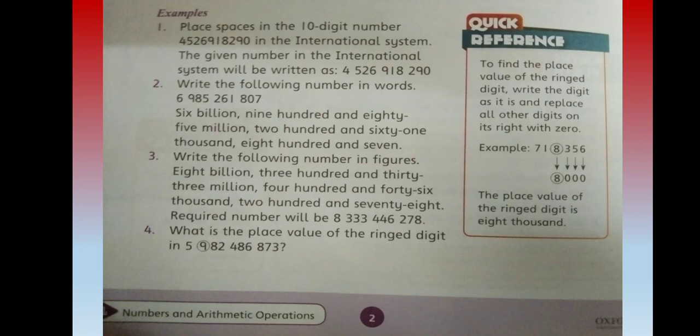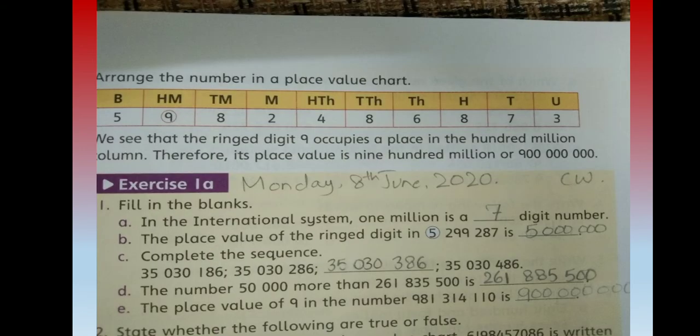There are 8 digits on the right side of 9. So we will write 9 and then place 8 zeros after it. You can see on top in the place value chart, the place value is written 900 million, or 9 and then 8 zeros. So this is the way of writing a number in its place value form.